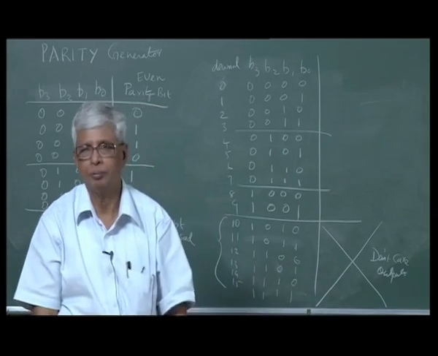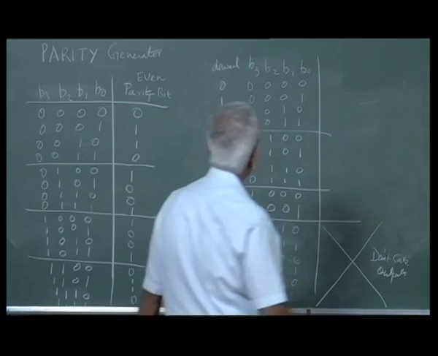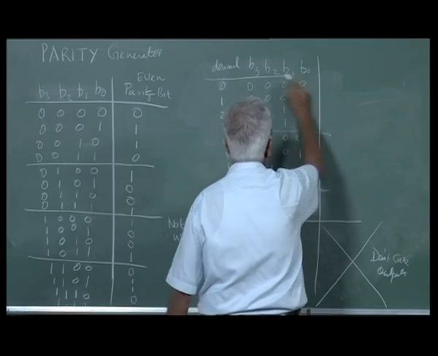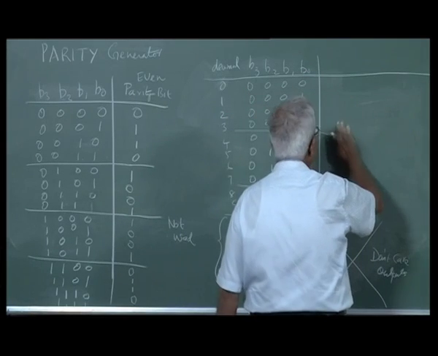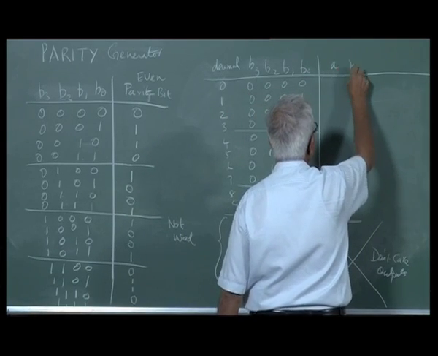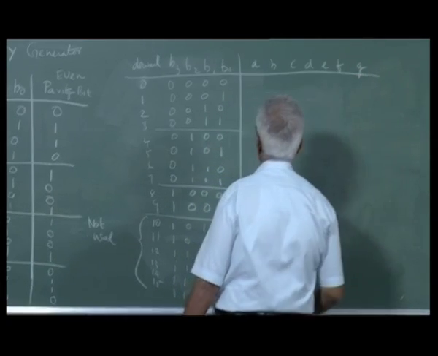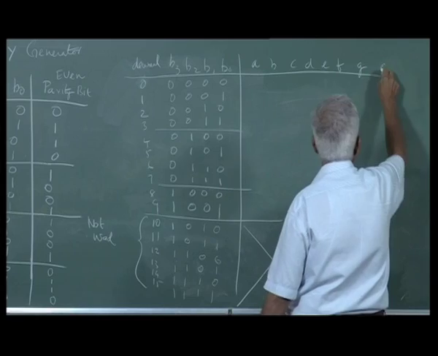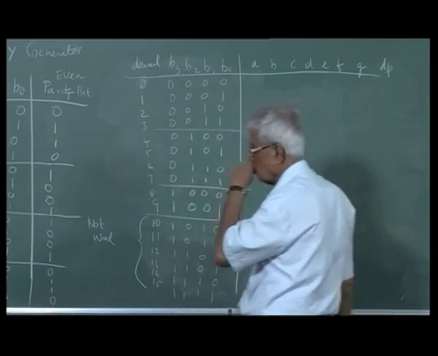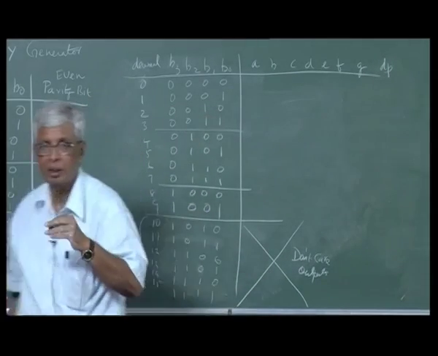We did that. Now, for 0, what are the segments to be displayed? A, B, C, D, E, F, G. And if you want decimal point, you can put DP, that is optional.